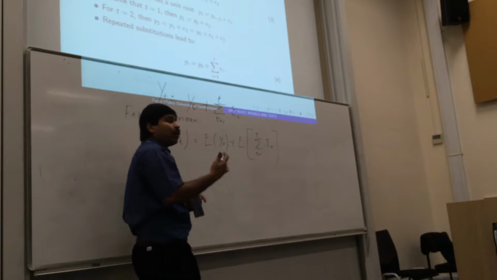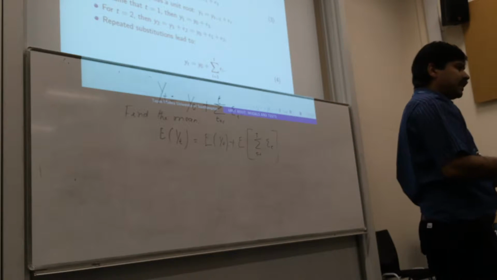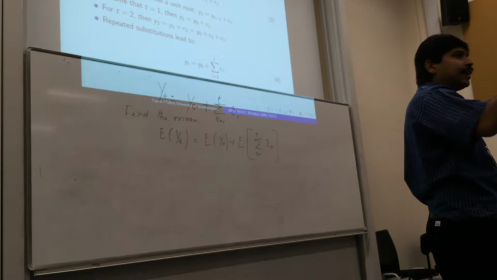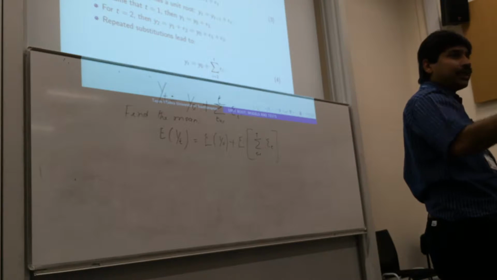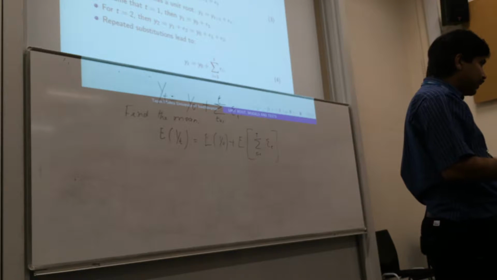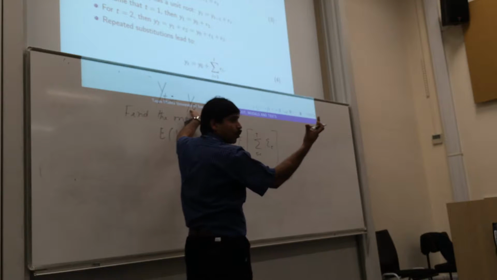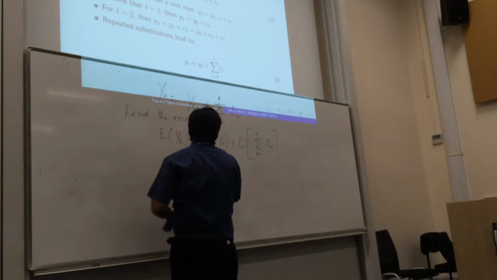The mean of a constant is what? Itself. It's simple statistics. If I take the mean of a constant, it will be the constant itself. In this case, y0 is a constant value, so I can have here y0.